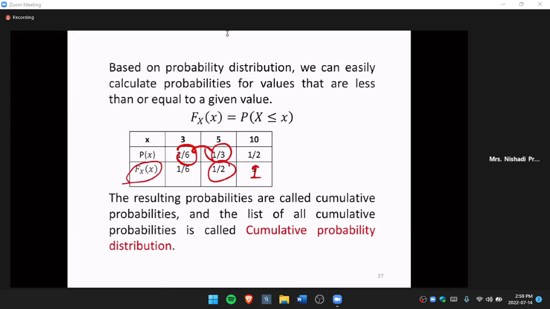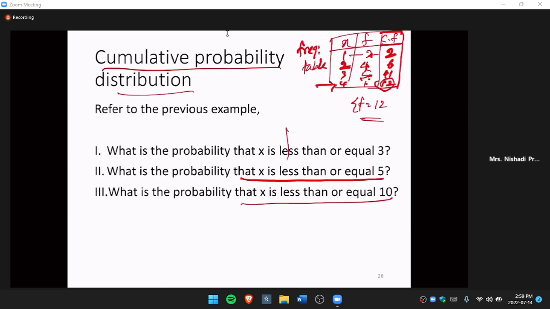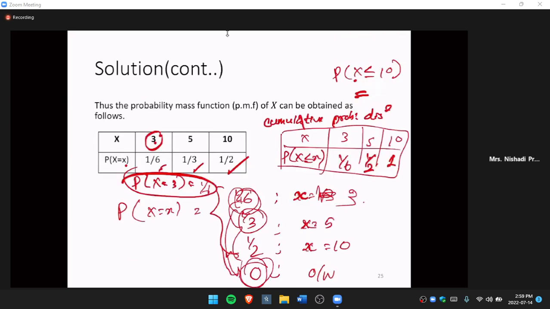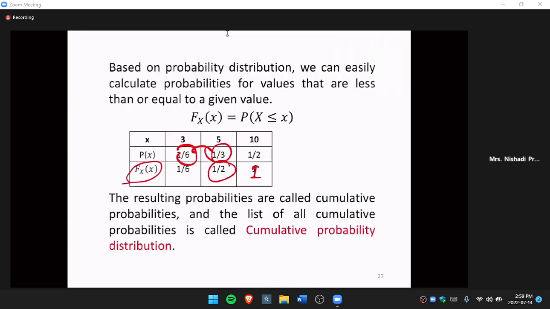Previously I have written it as probability when x equals x. This is correct for the cumulative probability. But we can use a mathematical function to represent the cumulative probability. That function is going to be capital F. We always use capital F to represent cumulative probabilities.